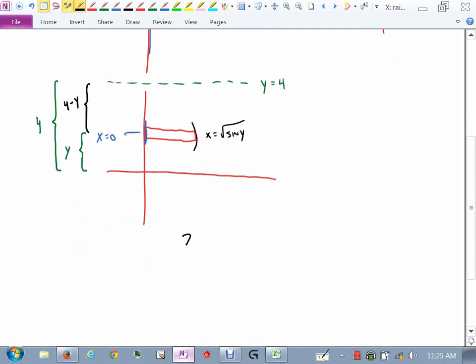So I'm going 2 pi integral, you said 0 to pi, right? Radius of rotation, 4 minus y. Top was square root sine y minus 0. I don't need to put it, but I'm going to put it there in case you look back at these and you want to figure out what that was all about. And then dy.